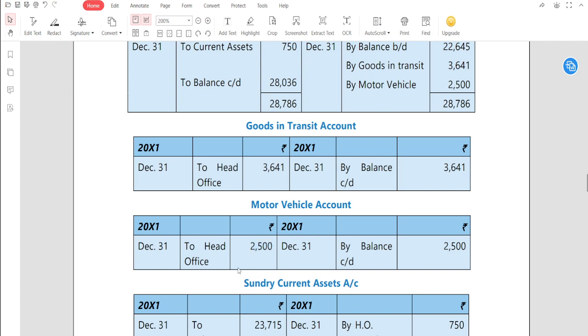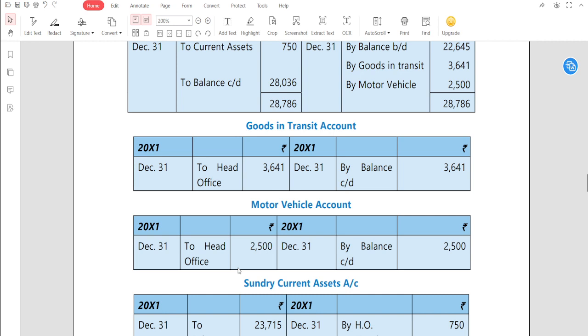Perfect. Now see, 750 has been received from the Sundry debtors. So when we receive 750, there is no such account that will reflect the Sundry debtor. Rather we have a separate account called Sundry current asset. We can easily say it.